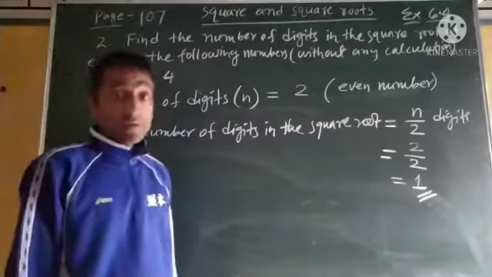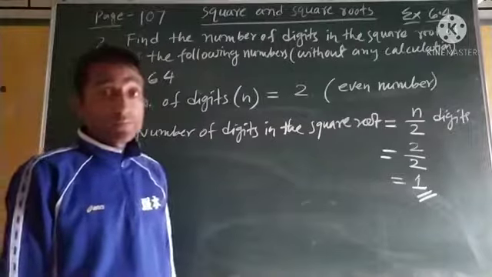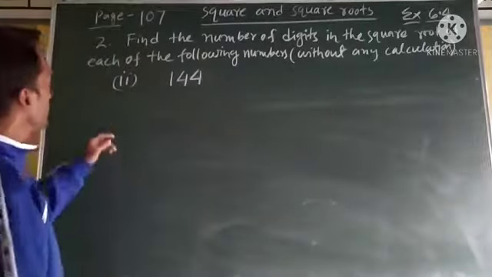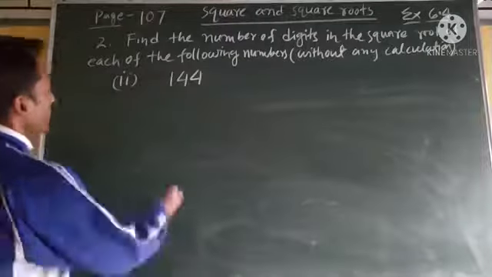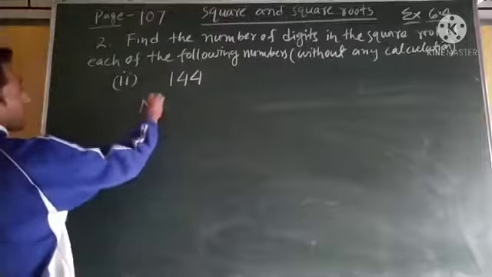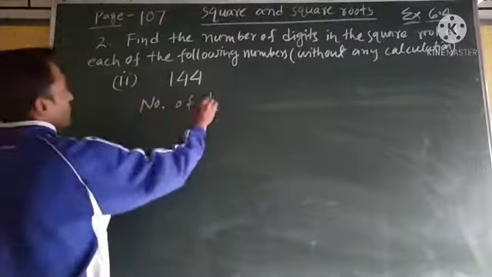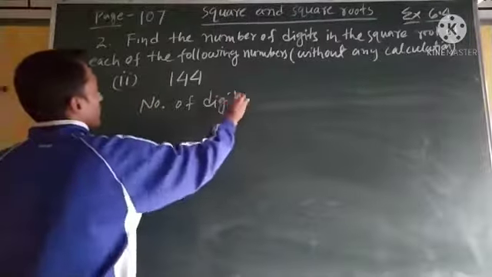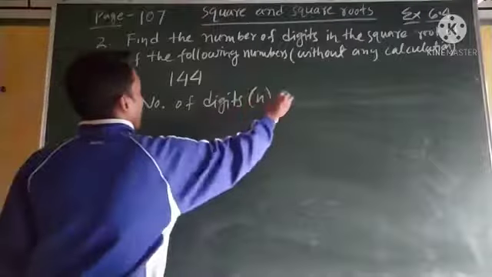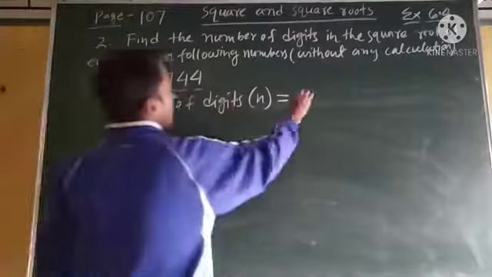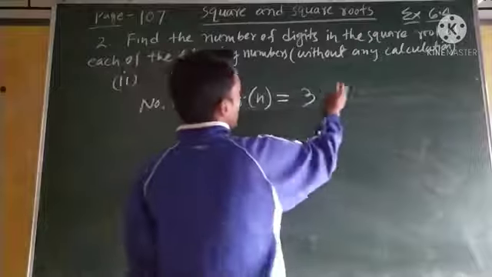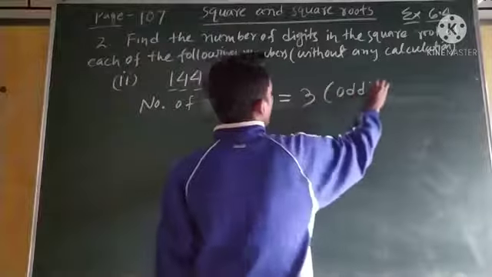Now we will do the next one. So your next question is 144. Here, number of digits, n is how much? How many digits do we have? 1, 2, 3. So we know 3 is an odd number.